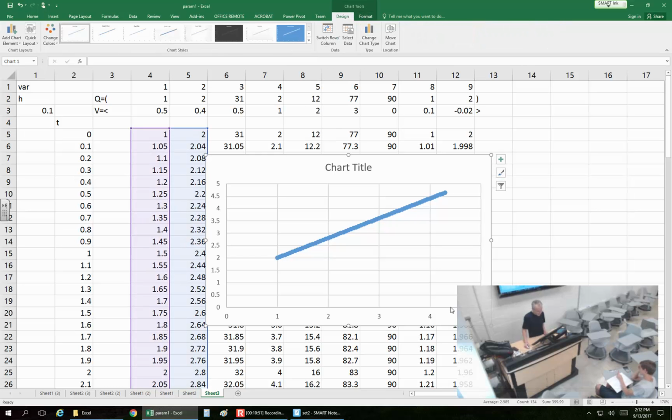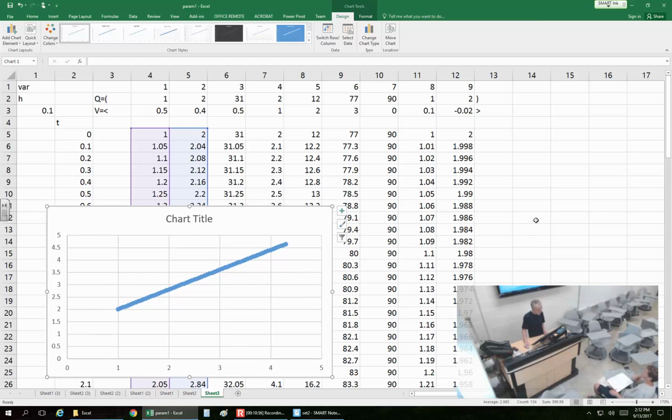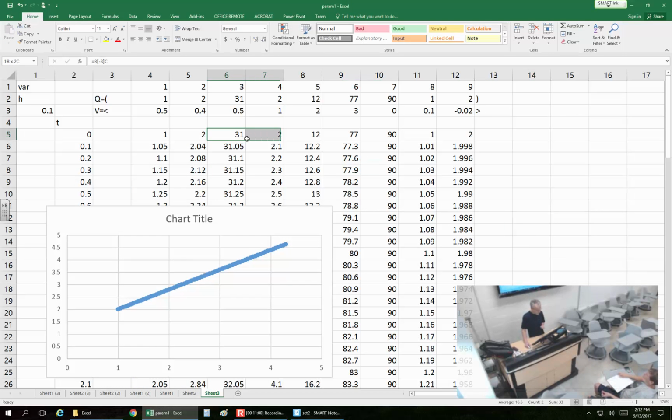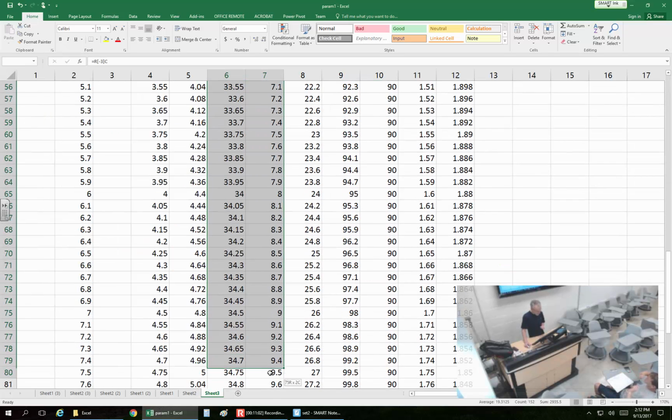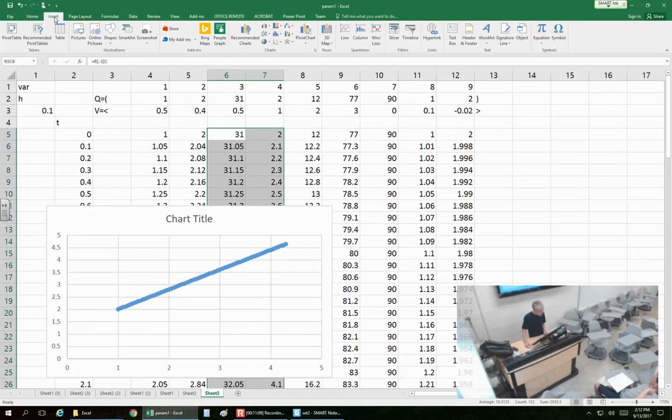Okay, so this is the scatter plot of the first pair of items. Similarly, I could pick the next 2, and once again insert a scatter plot for those as well.